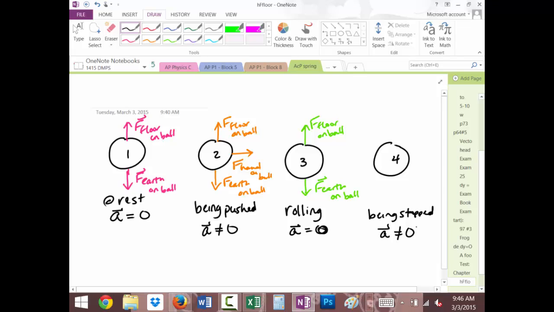How many forces do you have in situation number 4? Have I talked to you already? Not today. Okay, speak. 3. 3, what you got? Floor on ball up, earth on ball down, and then hand number 2 on ball the opposite direction of first hand.